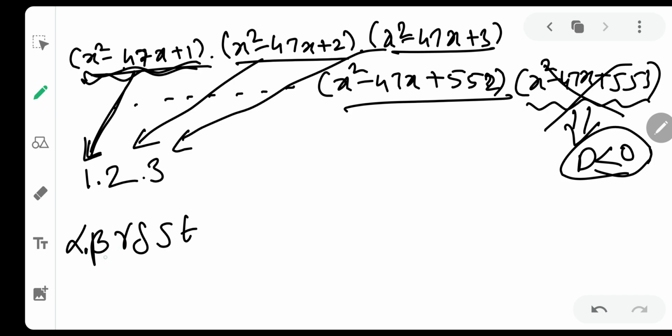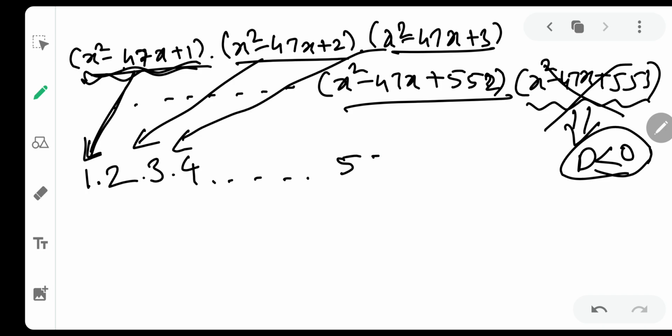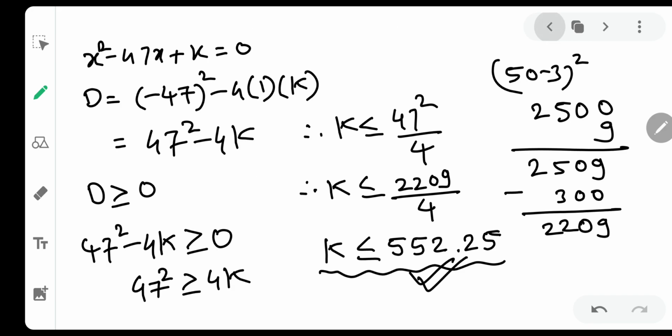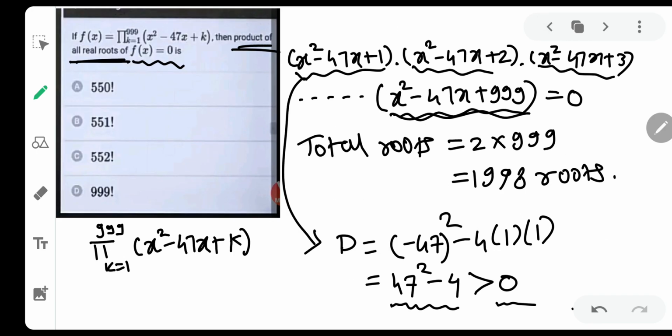We can calculate alpha beta, gamma delta and st by c by a, but they have asked for the multiplication of these pairs. So the fourth equation will have product 4 by a, and so on up to 552.